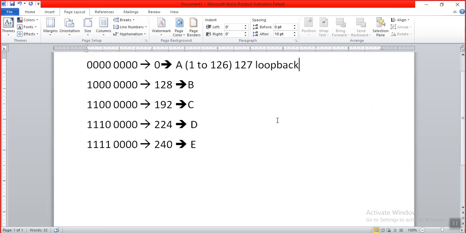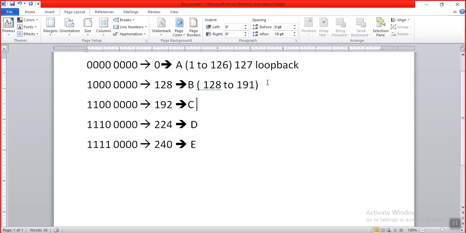From 128 to 191 is class B, because class C is going to start from 192.